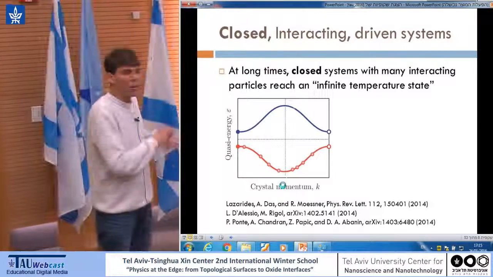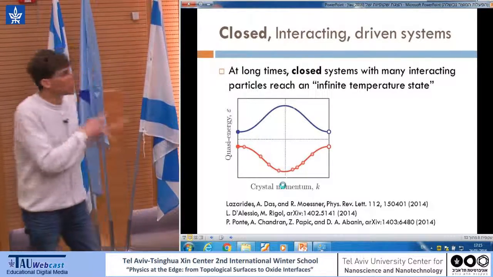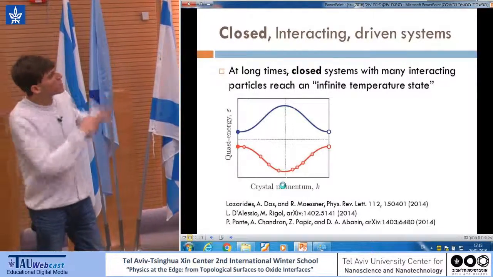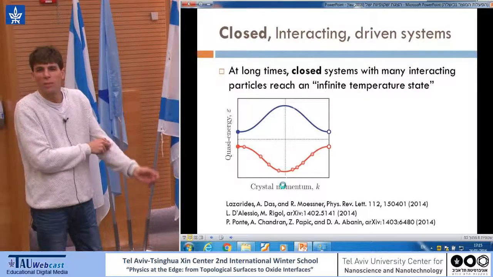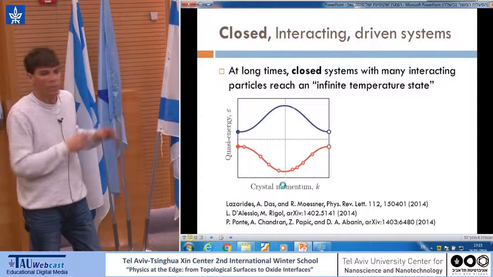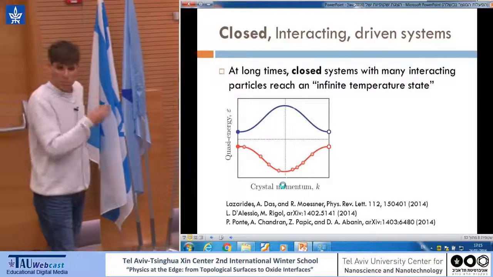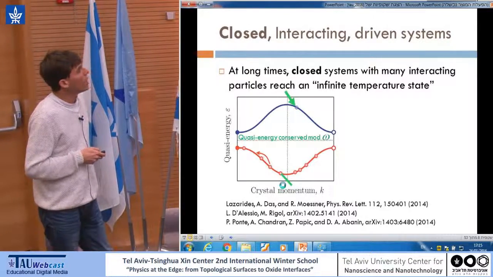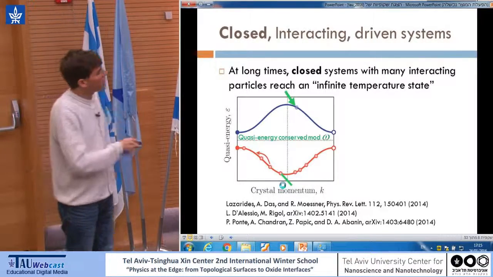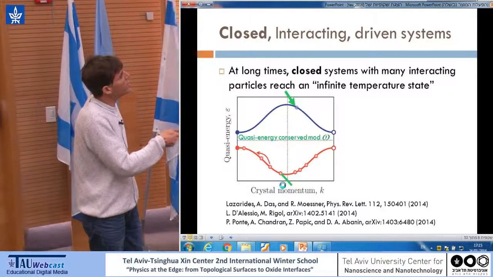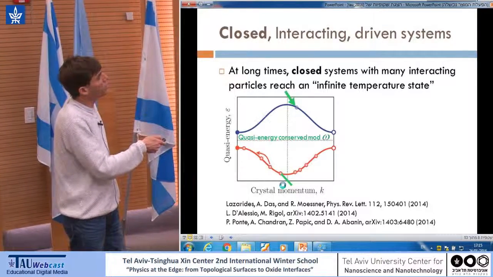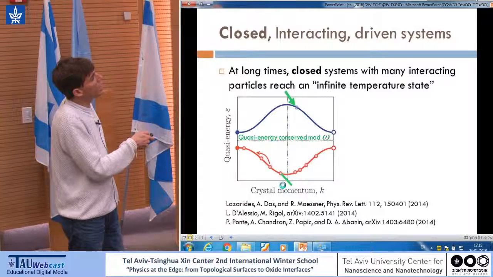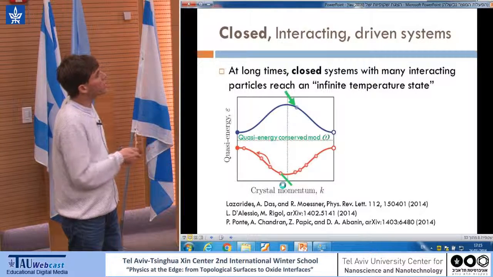Okay? Now, we have to make a disclaimer here. We'll assume here that this statement will be correct. For example, we have to assume that there's no many-body localization or anything of that sort, so the system is ergodic. And if you want to understand why, you could just think about if these are the quasi-energy bands, and you think about some initial state where you put fermions in this kind of band structure.